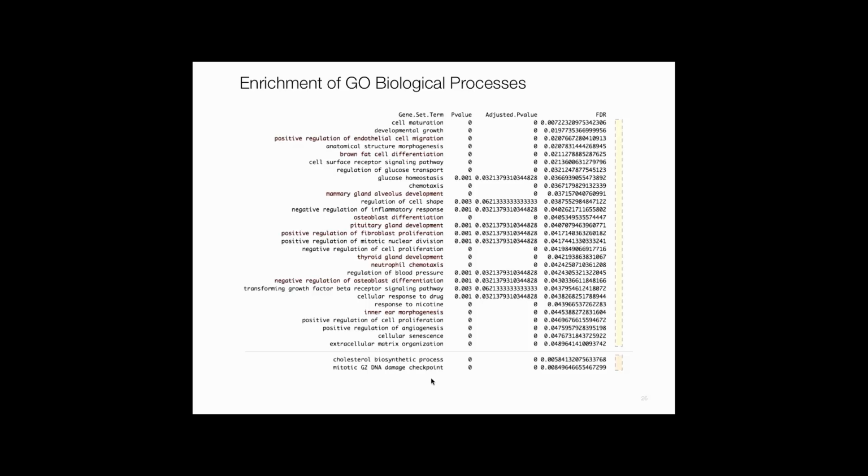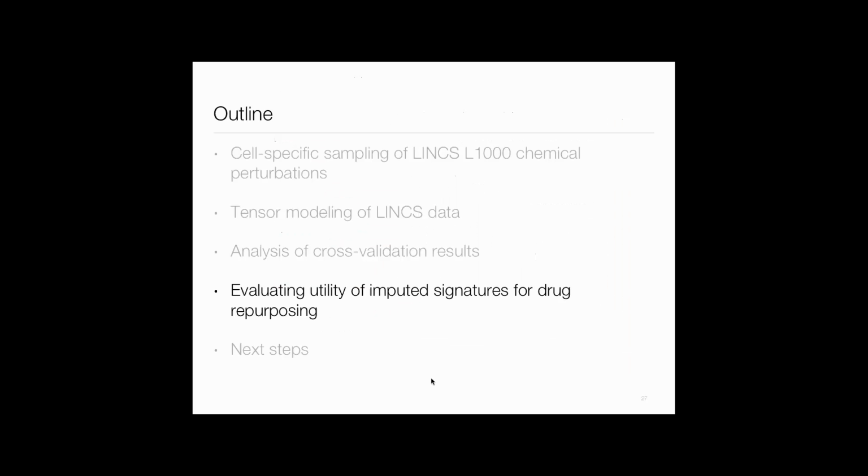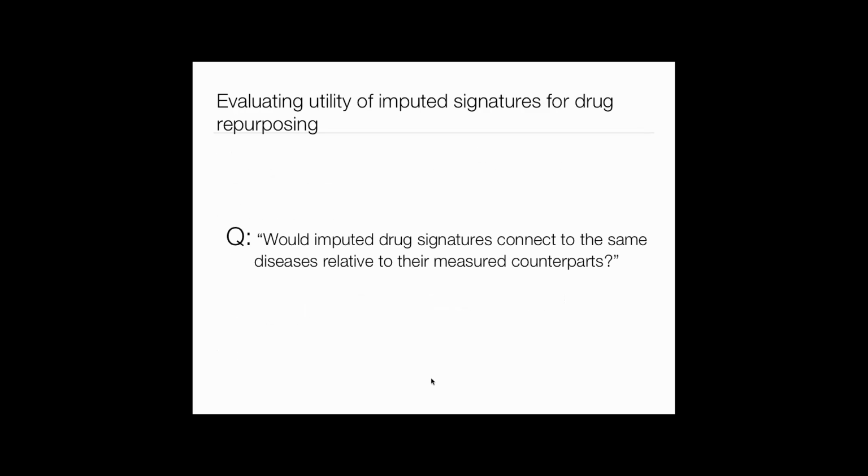But I think that until I can show some sort of biological concordance, or use these imputed signatures in different applications, I can't really begin to convince people that what I'm doing is actually useful. So the question that I'm asking more specifically, within this framework of signature matching that I presented at the beginning, is: would my imputed drug signatures connect to the same diseases relative to their measured counterparts? And so I set up an experiment.